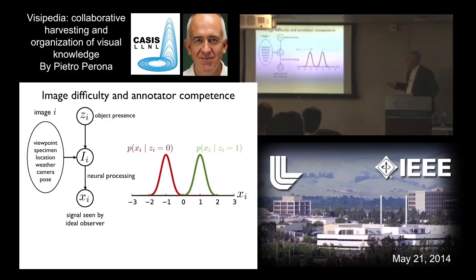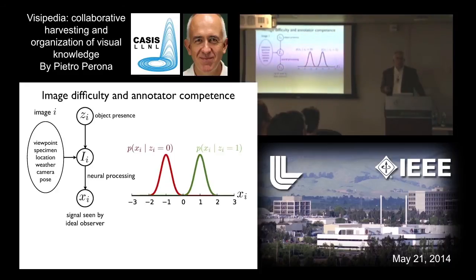For now let's think of xi as a 1-dimensional variable, just to make our life easy. If you think of xi, there must be 2 class conditional densities on xi. The green curve is the probability distribution of xi when the bird is there, and the red curve is when the bird you're looking for is not there.